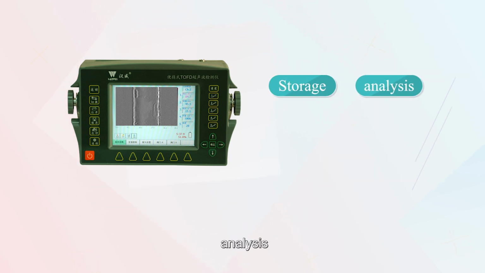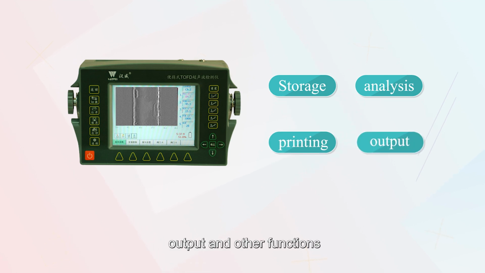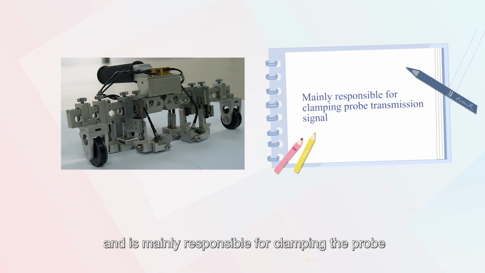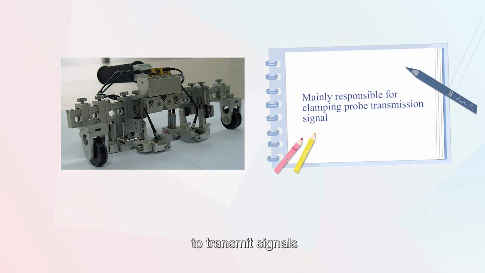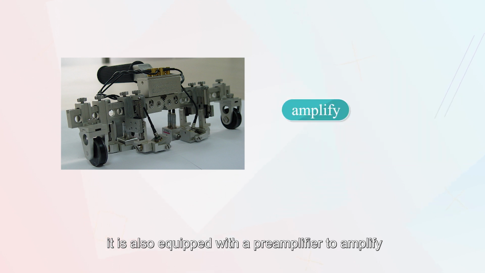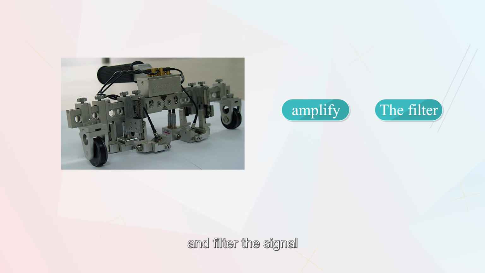Storage, analysis, printing, output, and other functions. The scanner is an extension of the TOFD host and is mainly responsible for clamping the probe to transmit signals. Generally, it is also equipped with a preamplifier to amplify and filter the signal.